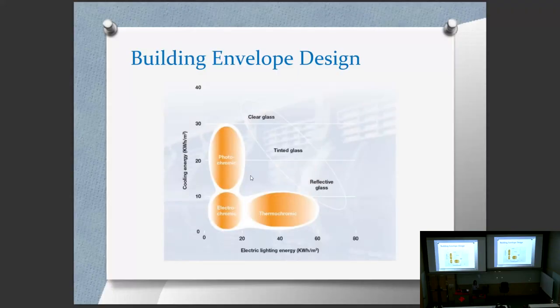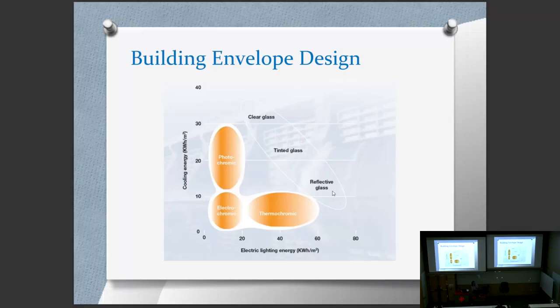This is a diagram explaining the cooling energy and the electric lighting energy for different kinds of glazing. So the clear glass can allow light to pass through, and it will allow more solar heat gain, and therefore the cooling energy will be high.